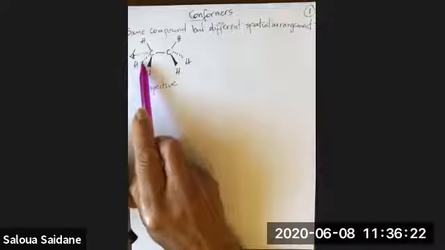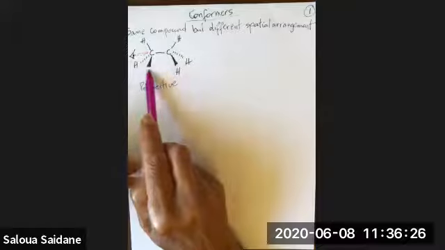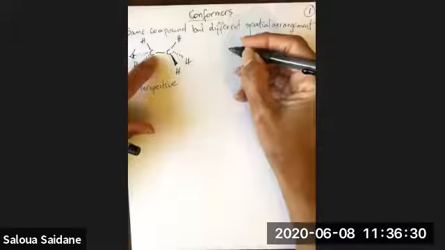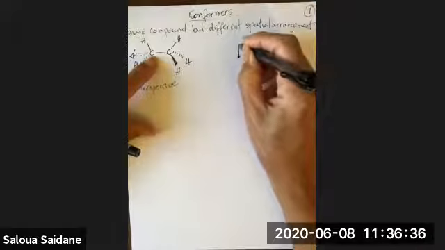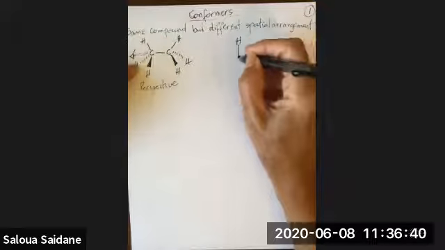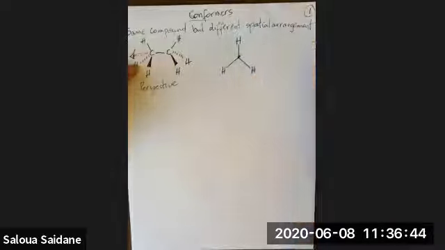And this one, since it's behind the page, would be to the left, and this one would be to the right. So we can represent this carbon as a dot. And then above, there is an H right here. And to the left, there is a hydrogen. And to the right, there's a hydrogen.